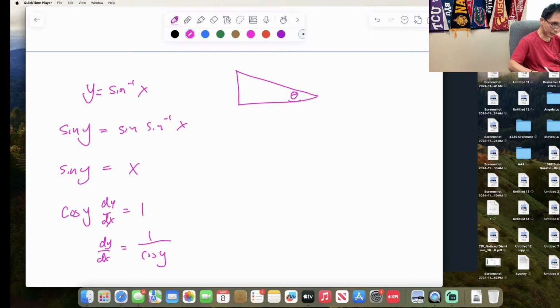Right? This is some type of angle. If that's some type of angle, what will be the other side? The x is what?